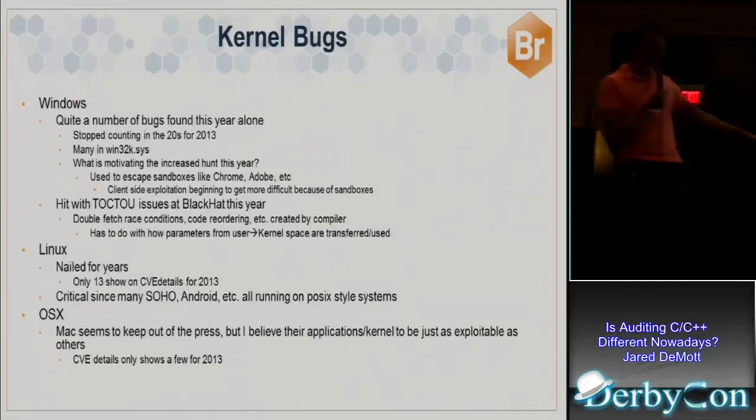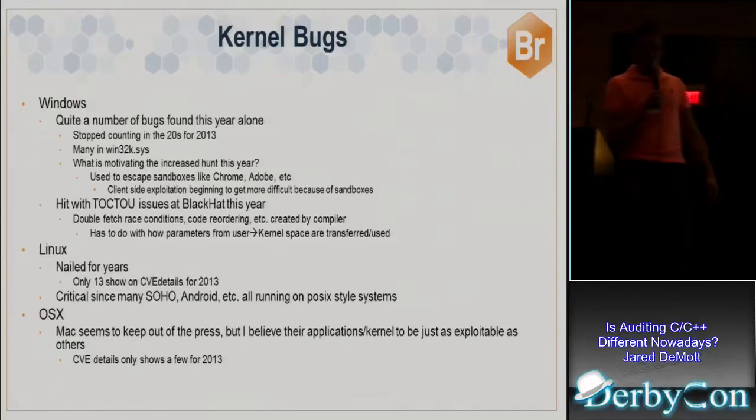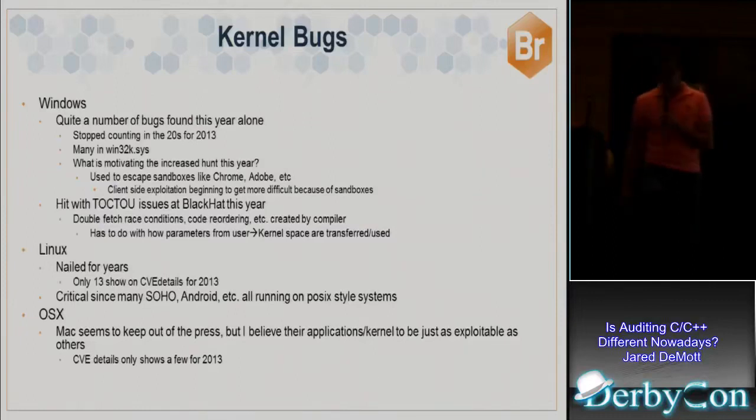And Mac tends to keep its nose clean, stays out of the press a lot. You don't hear a lot about Mac vulnerabilities, but I know there are probably just as many issues, okay? They just somehow find a way to keep a squeaky clean image in terms of public vulns. So I'm not saying that any one of these is worse than another. They've all had their issues in terms of the kernel, okay? So kernel bugs are there. They're probably going to be around for a while.